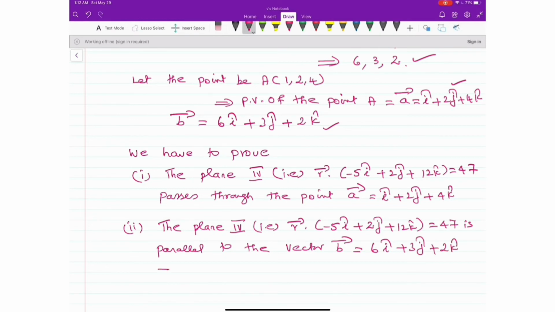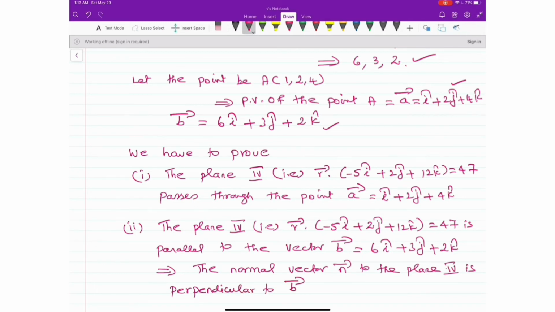What does it imply? This implies the normal vector n to the plane 4 is perpendicular to vector B. This is what you have to prove for the second one.